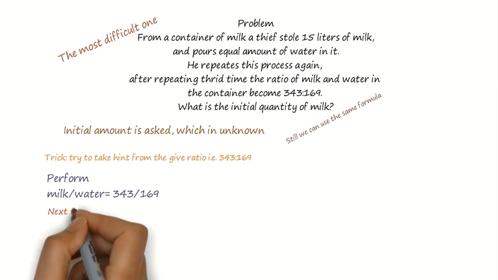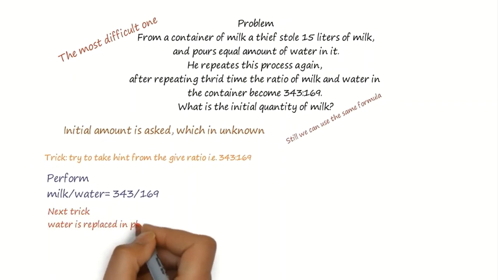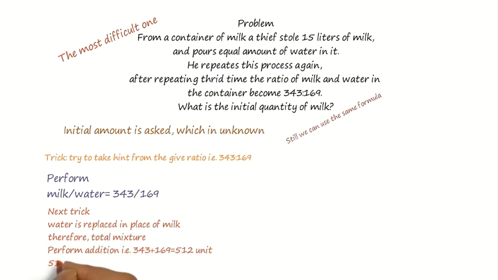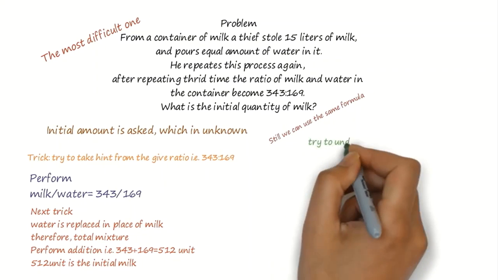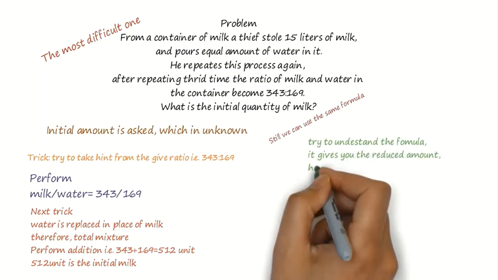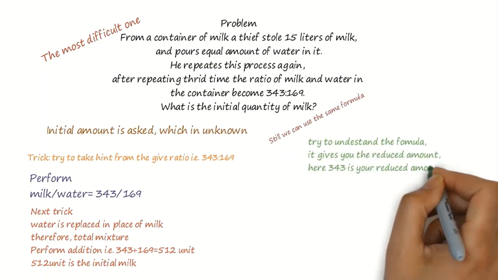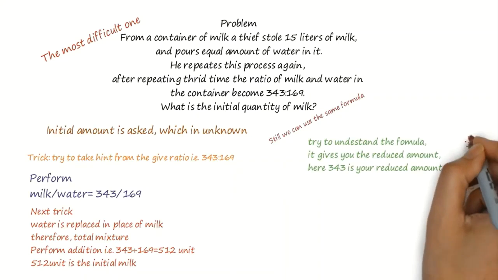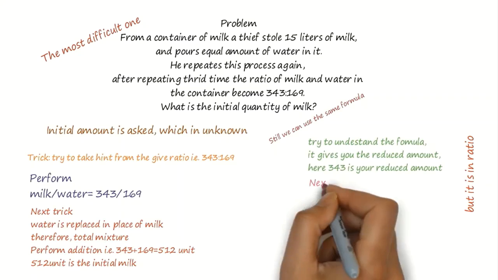Also, the point to notice here is, as water is replaced in place of milk, the total mixture has 343 plus 169, which is 512 units. Now here 343 is your reduced amount of milk, but it is in ratio format. So the next step is to convert the ratio into the amount.